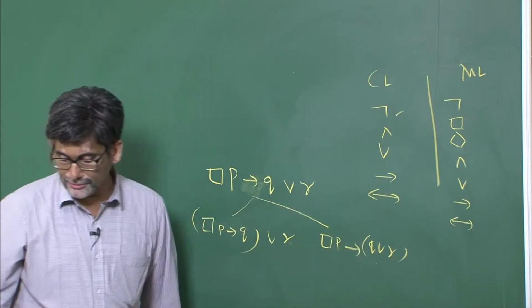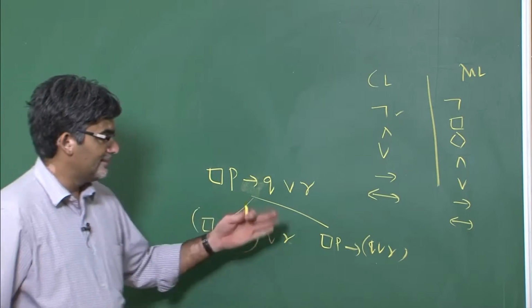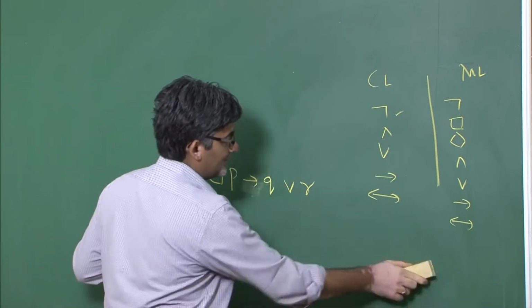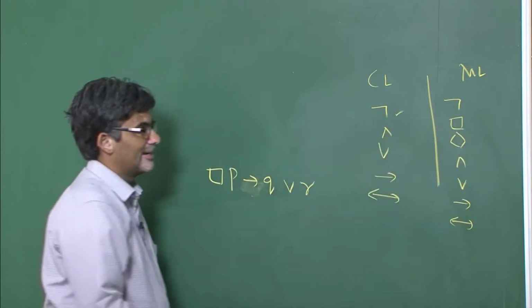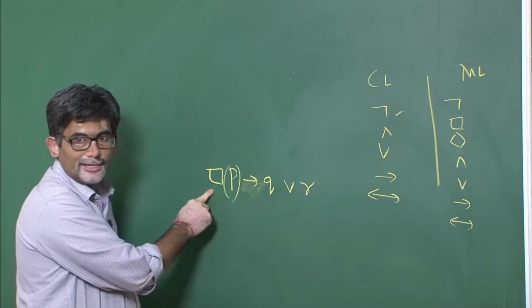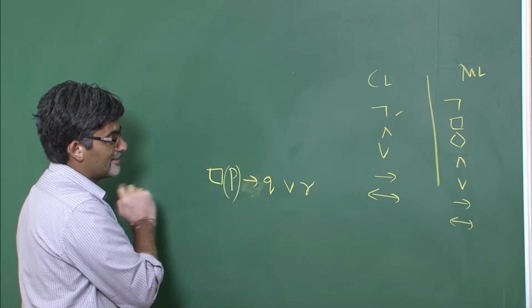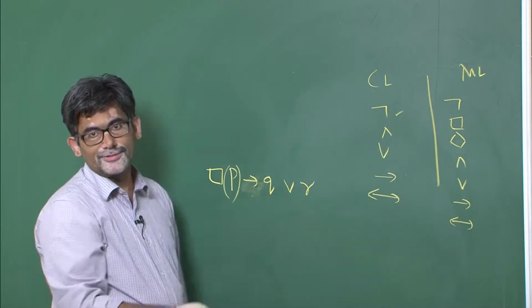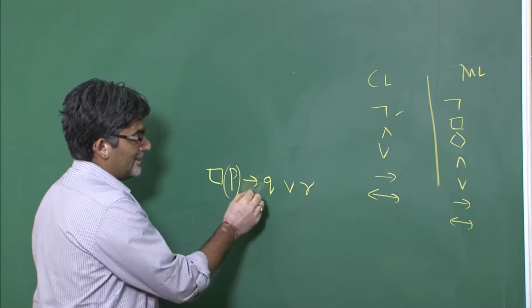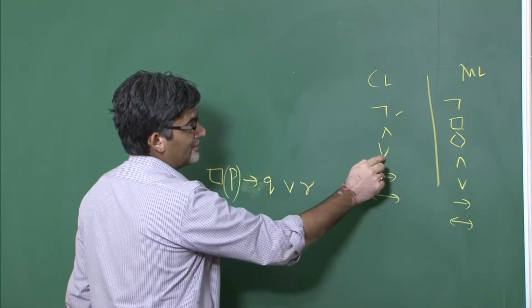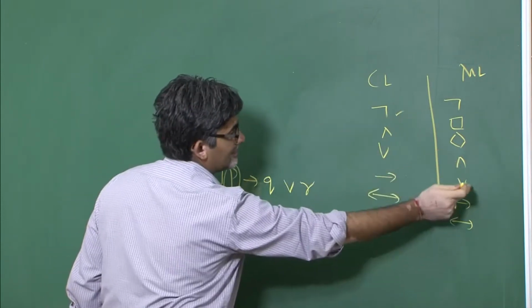Now, how to put parentheses for this one, suppose if they are not given to us? We follow the convention that is listed on the right hand side of the board. The first preference should be given to the necessity operator, and then we have only those connectives which are linked with propositional logic, implication and or. In our preference, first preference should be given to or in this case also.